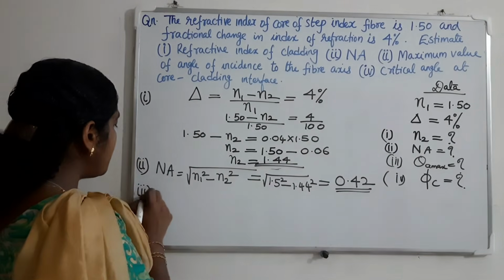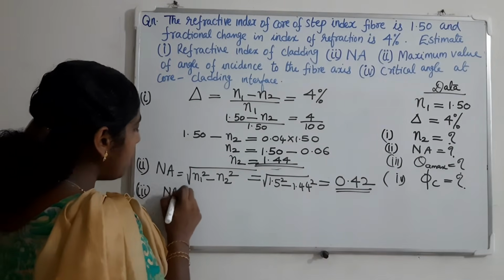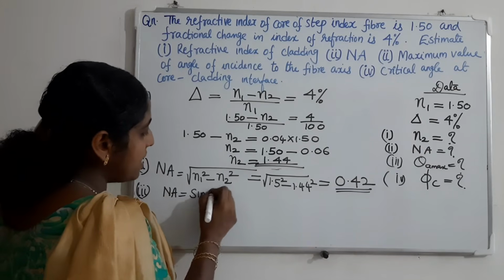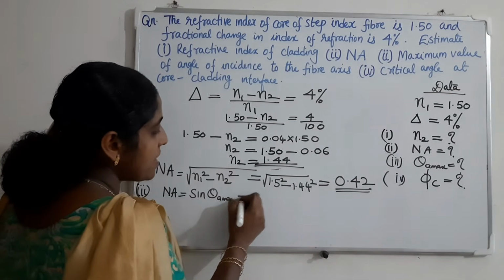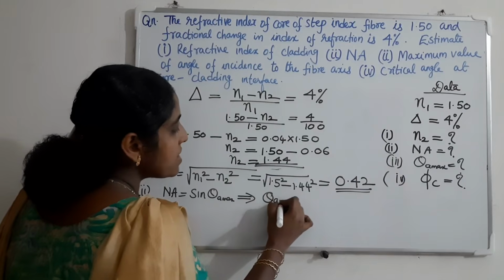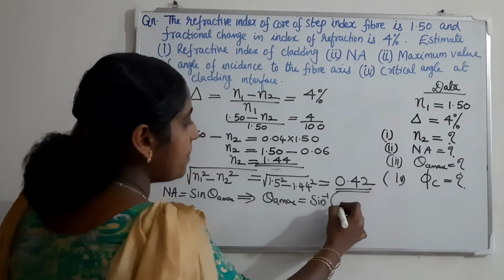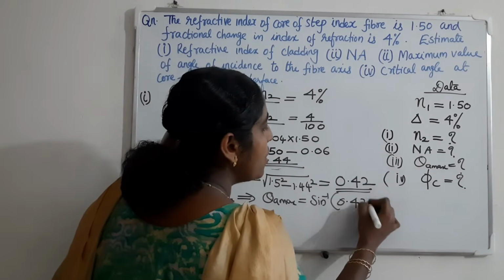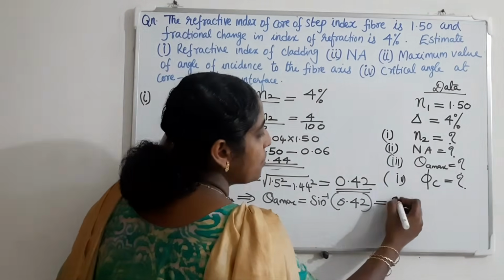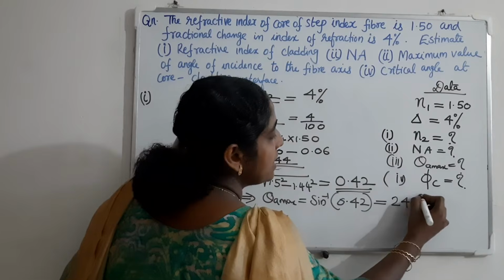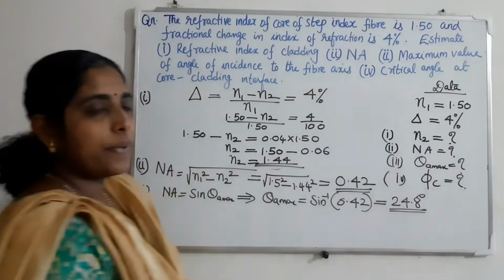So how can we find out the acceptance angle? Numerical aperture is equal to sin theta A. So the acceptance angle is equal to sine inverse of numerical aperture. That is numerical aperture is 0.42. So on calculating we will get 24.8 degree as the acceptance angle.